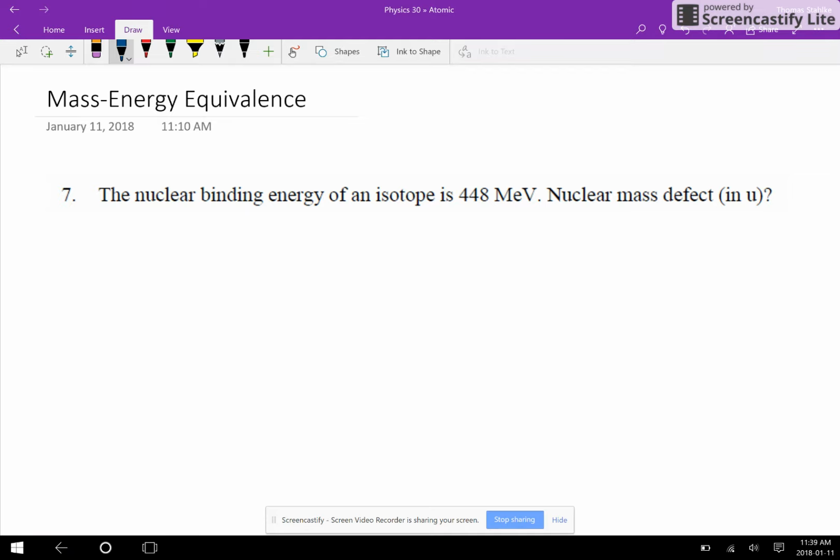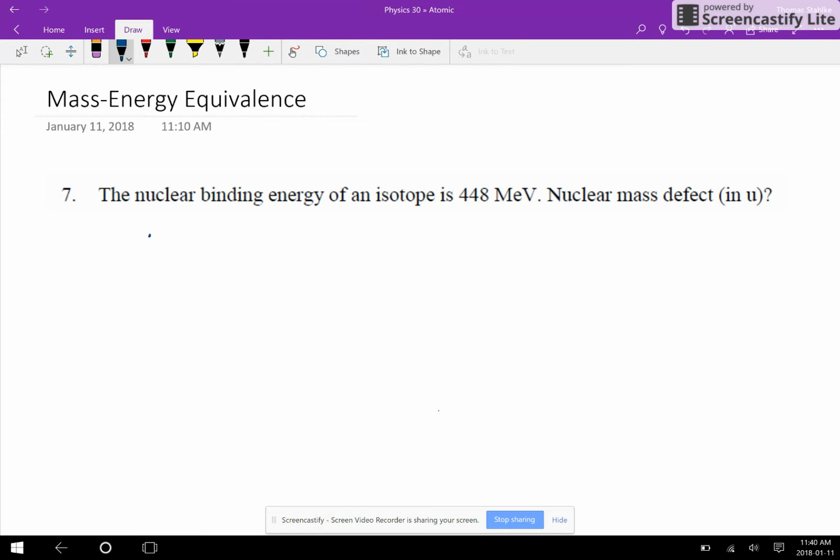of energy. So we see that it's 448 mega electron volts, and we know that electron volts are an energy unit. We can convert this into mass by first going through joules and then using Einstein's equation E equals mc squared to convert those joules into kilograms and then convert the kilograms into atomic mass units.